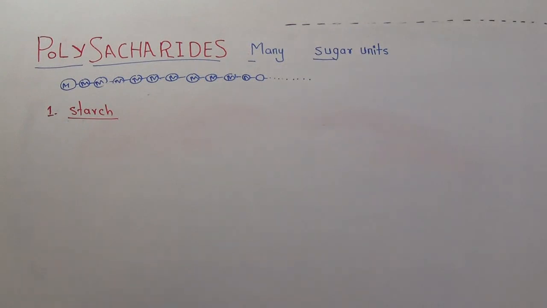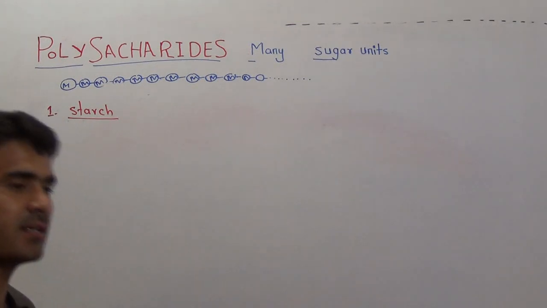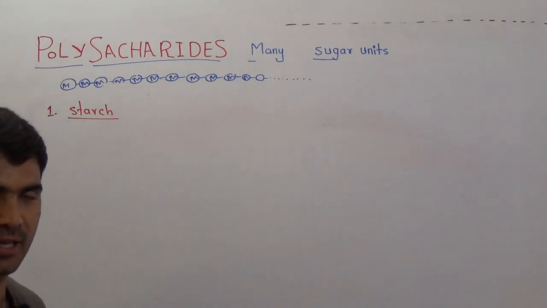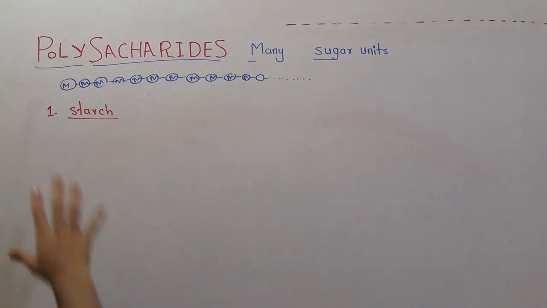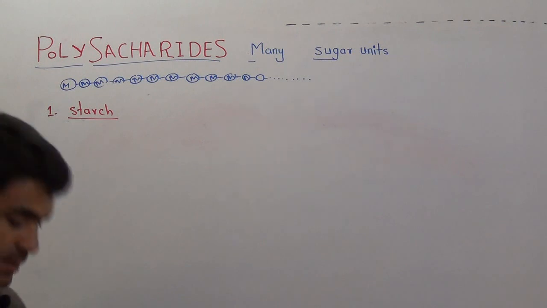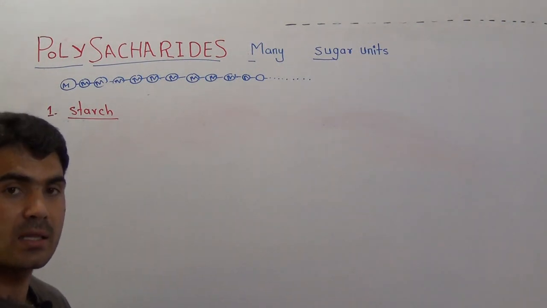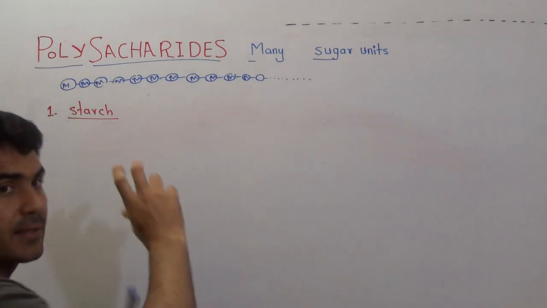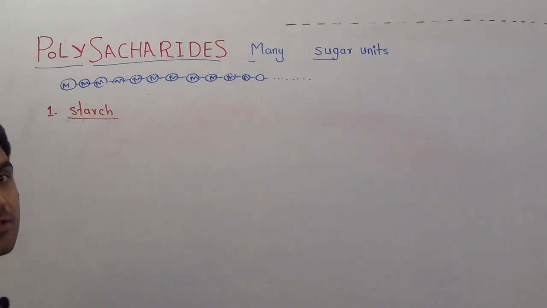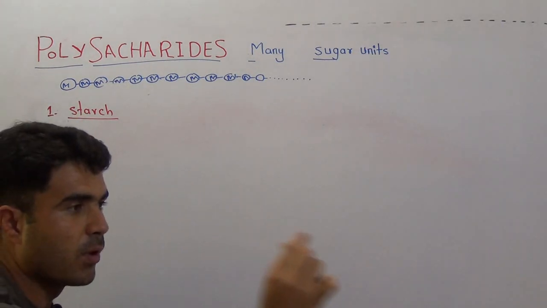A starch is a homopolysaccharide. Sentence number one, that is fine. Everyone now got this, that starch is a homopolysaccharide. The main question is, what are the units that combine to make starch? What are the smaller units?